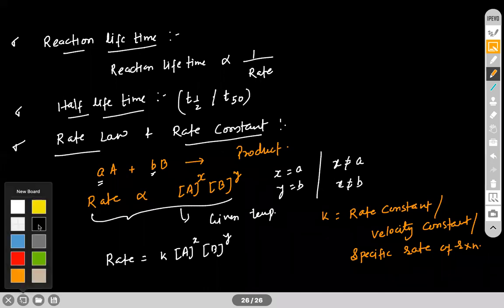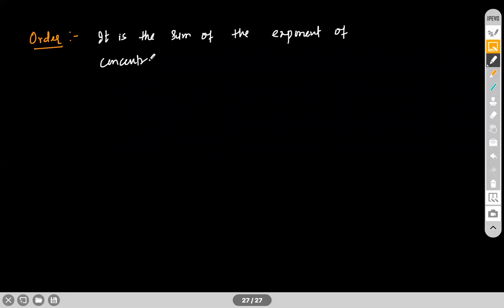Okay, so write down the next heading, order. It is the sum of the exponents of the concentration terms in the rate law expression.